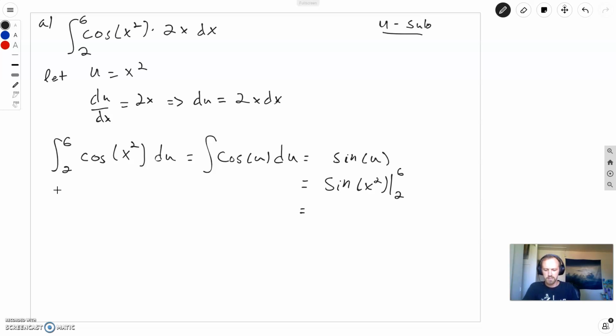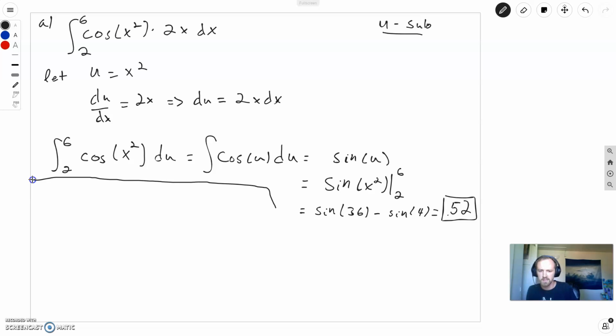And if you're in degrees, you will get sine of 36 minus the sine of 4 equals about 0.52. So that's our first one. We did u sub because one of our terms had a derivative that looked like it was somewhere else in the integral. Okay. Now we want to do part B.